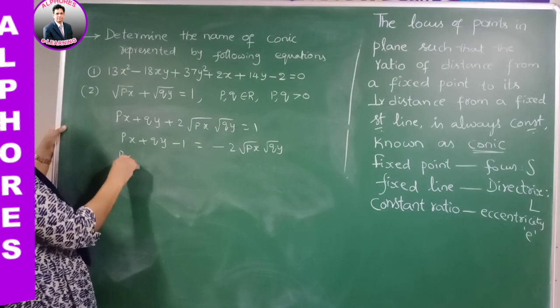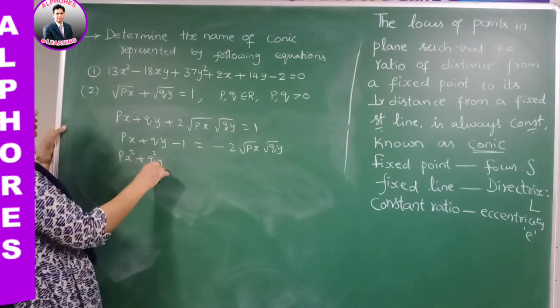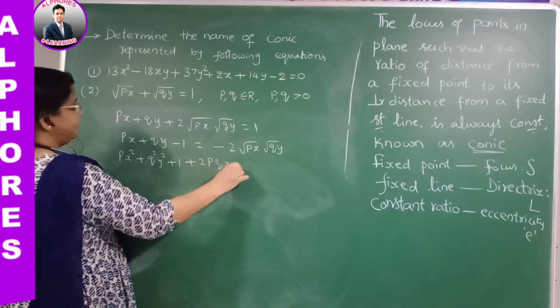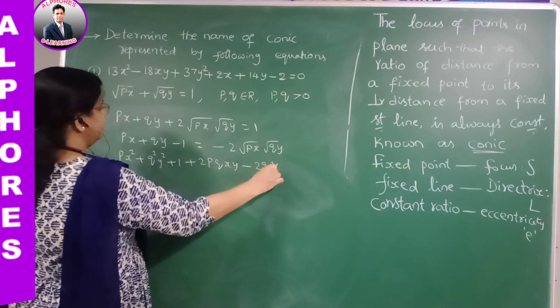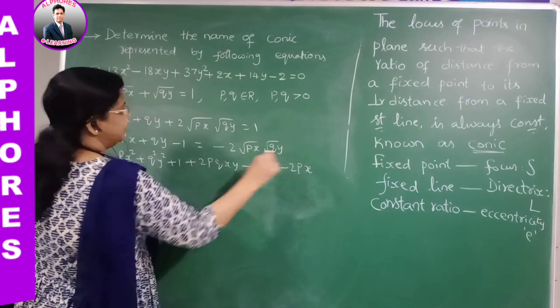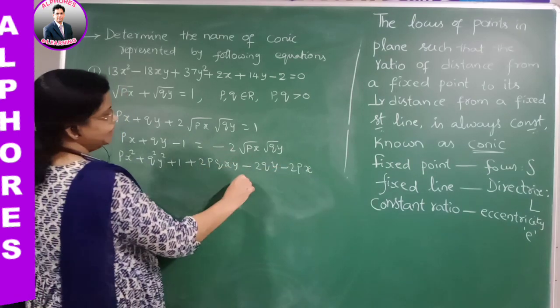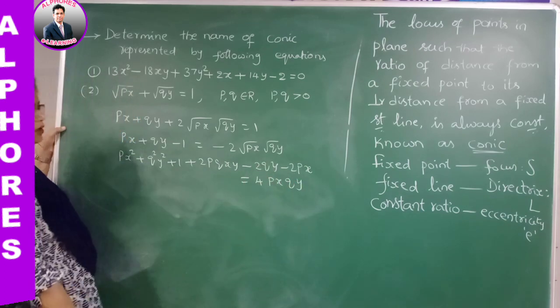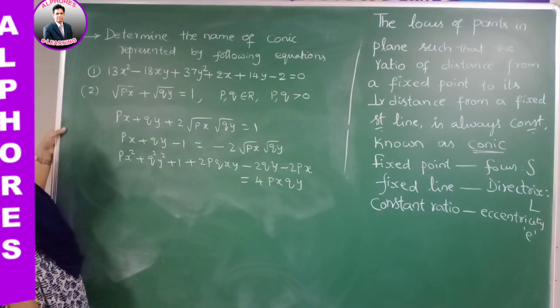Then you will get p square x square plus q square y square plus 1 plus 2pq xy, and after that minus 2qy, and next minus 2px, and this side you will get 4 times px into qy. Okay, now let us write all the values on one side.